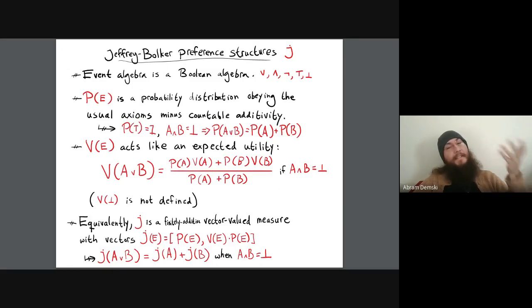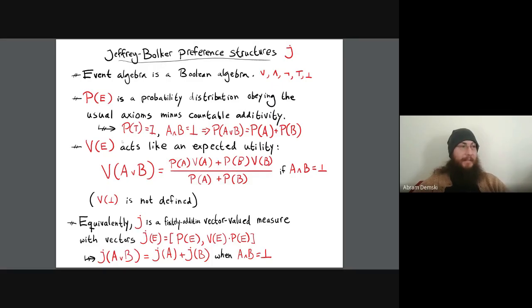But they have a similar flavor to the VNM axioms, as Savage's also have a similar flavor to the VNM axioms. So then what we get out of these axioms is this representation theorem that says, indeed, we can represent rational agents as having this probability-like thing on events, which doesn't fully follow the Kolmogorov axioms, but minus countable additivity.